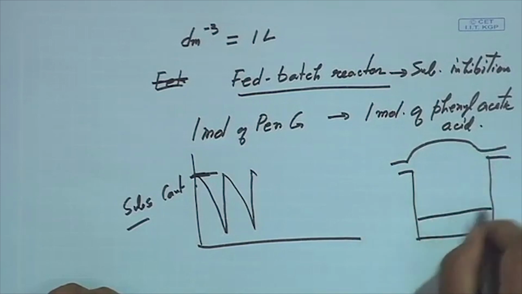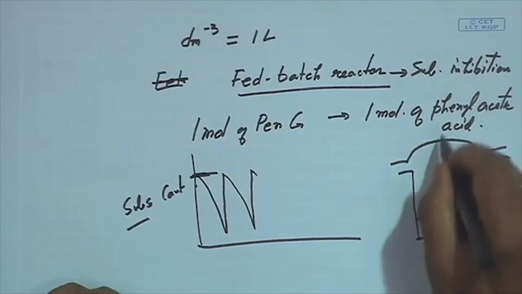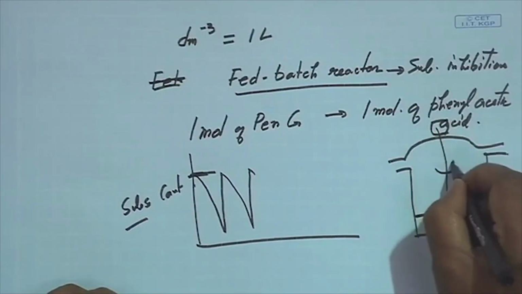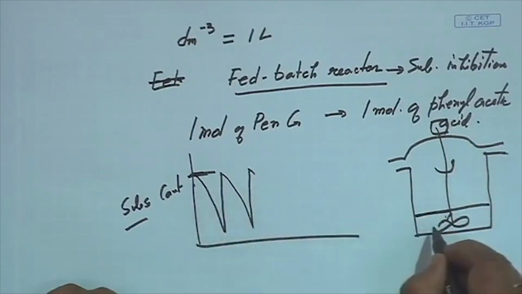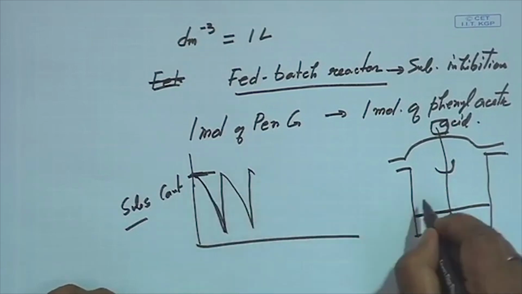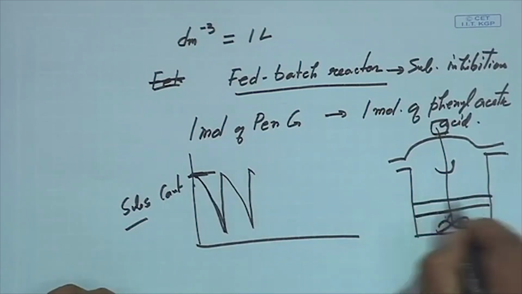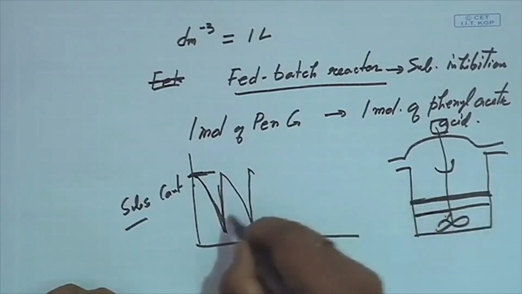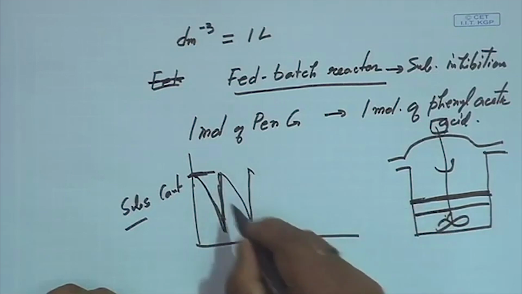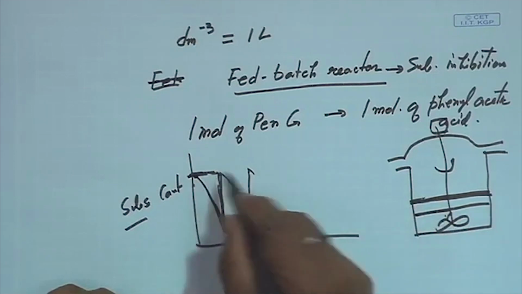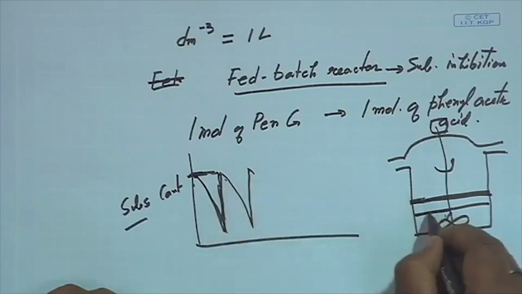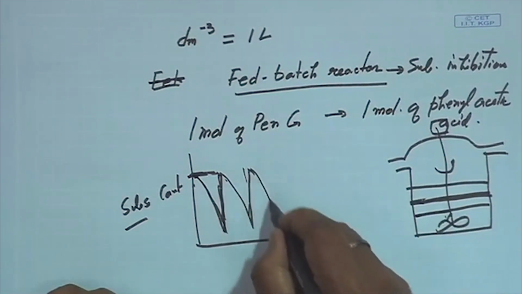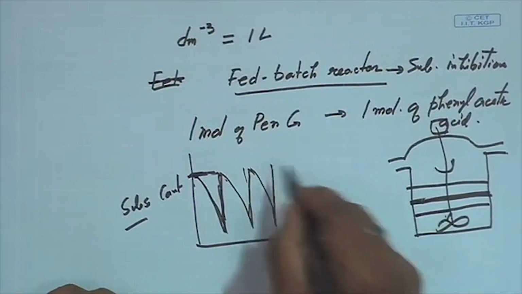So you take small media that we have agitated here, and the concentration of the substrate will go down. Then again we add another same volume of media, or you can increase the volume a little bit, so that the concentration rises up to this level. Again the concentration drops down, again you increase it.